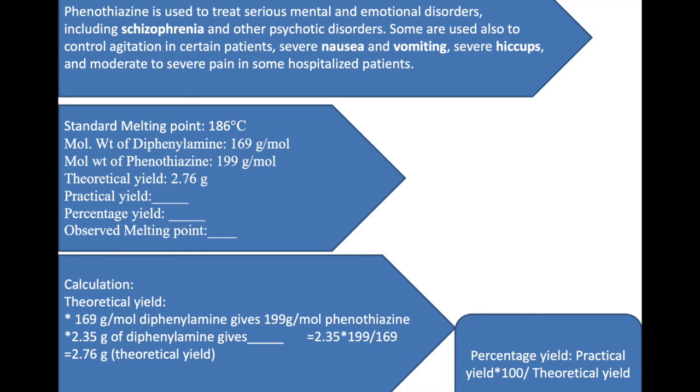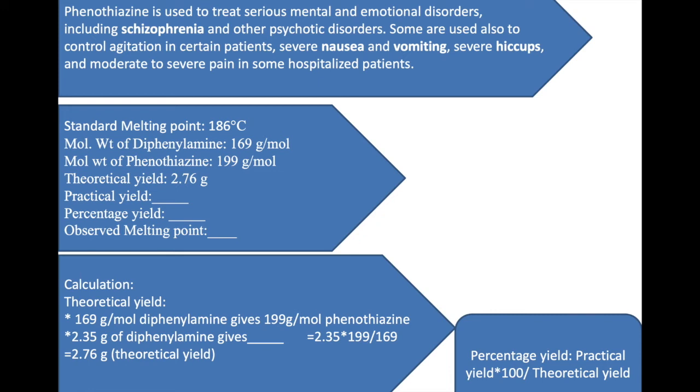That is our theoretical yield. So 2.35 into 199, divided by 169. That means we should get that quantity, and the number comes to 2.76. That is what we should actually get, so we can say that it is 100% yield.